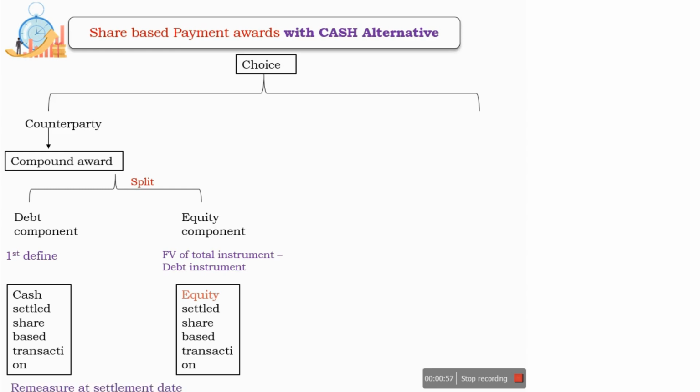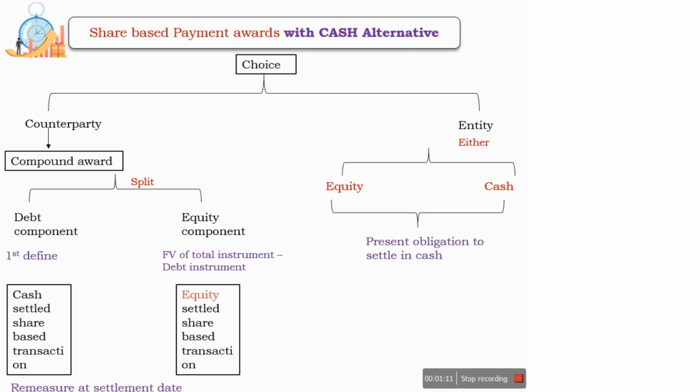The debt component will be remeasured at settlement date. In case the choice lies with the entity, either it has to be booked as equity or as cash. To decide that, we need to check whether there is a present obligation to settle in cash. There is a present obligation to settle in cash if the choice of settlement has no commercial substance.